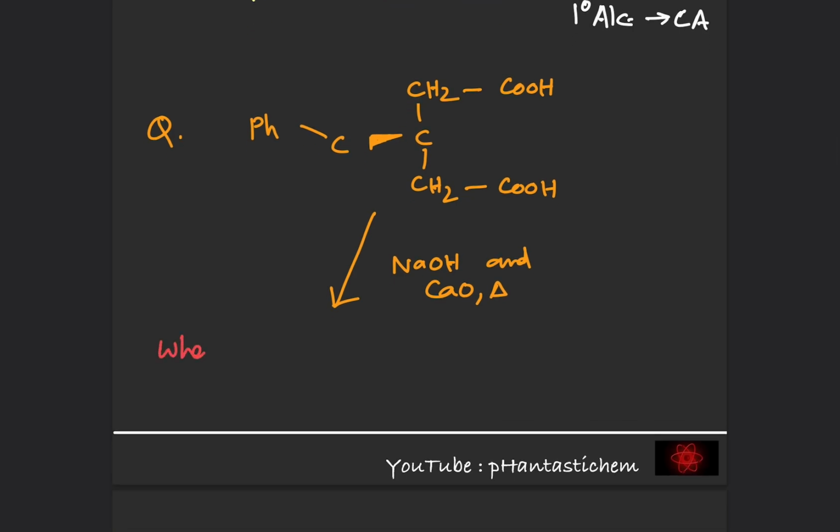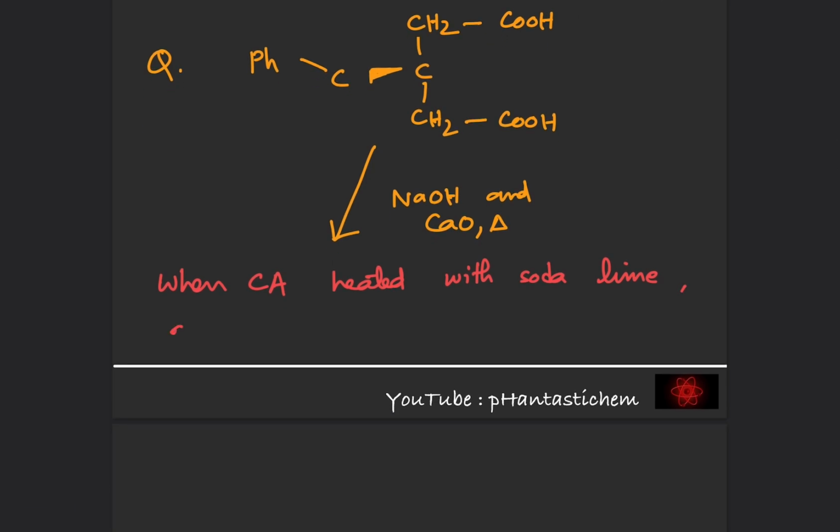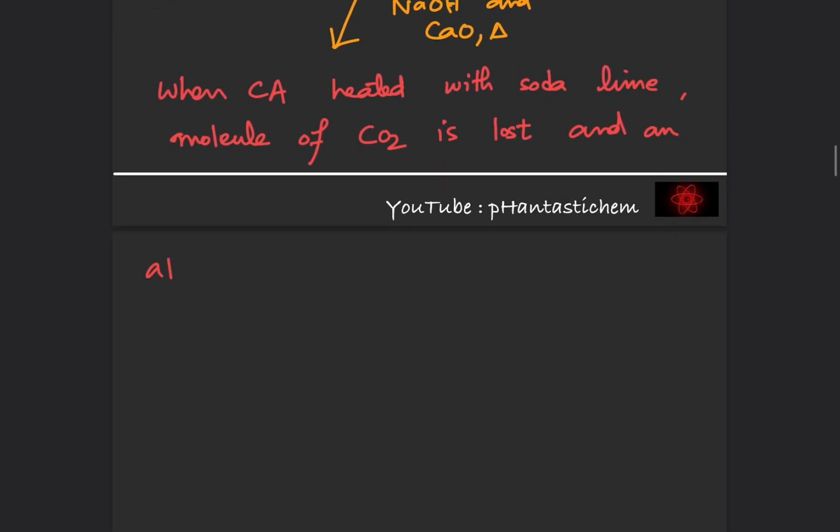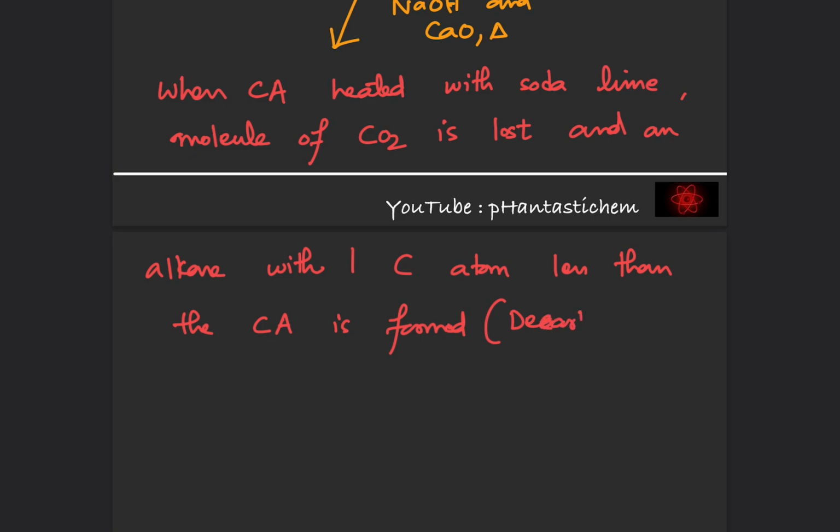When a carboxylic acid is heated with soda lime, a molecule of CO2 is lost and an alkane with one carbon atom less than the starting carboxylic acid is formed, which is our decarboxylation reaction.